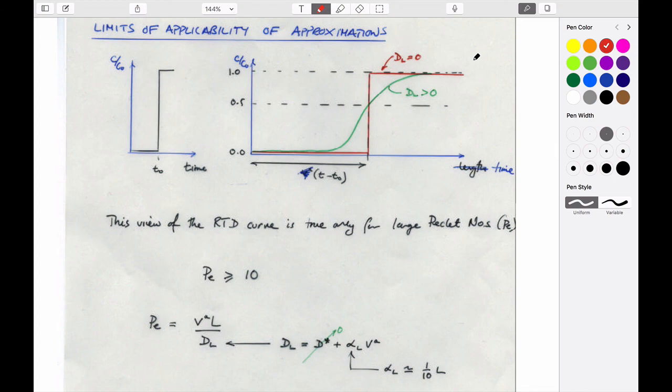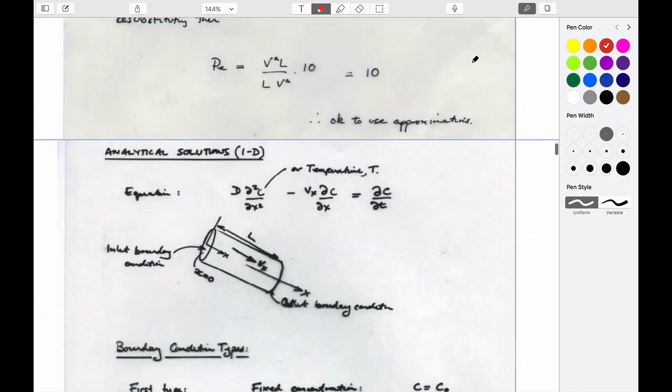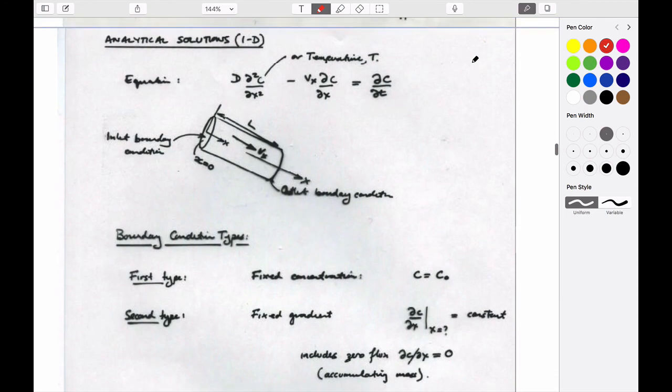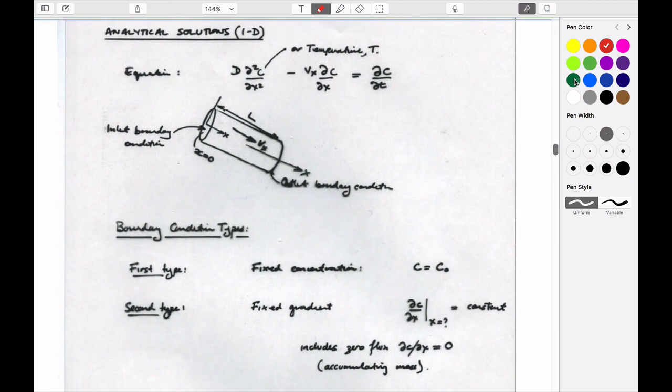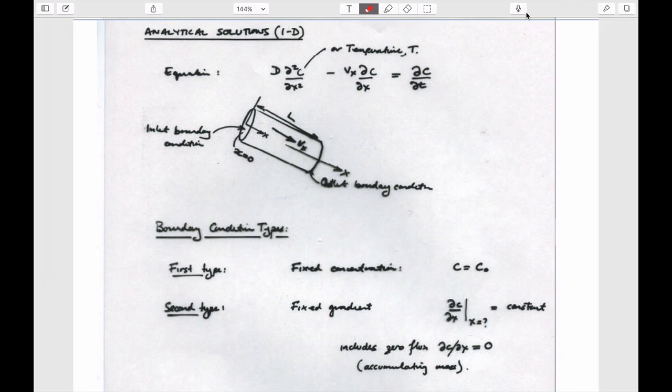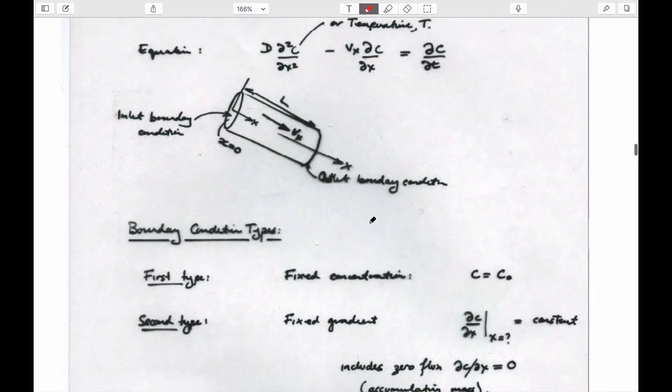So these are the solutions. We're going to look at behavior only to see what the solutions of these are. The geometry that we would take would be this core. The upstream location is where we apply the boundary condition on this upstream face, which we turn on at some time, and we look at the transport downstream.